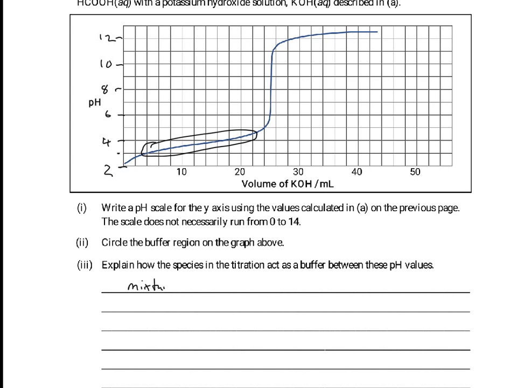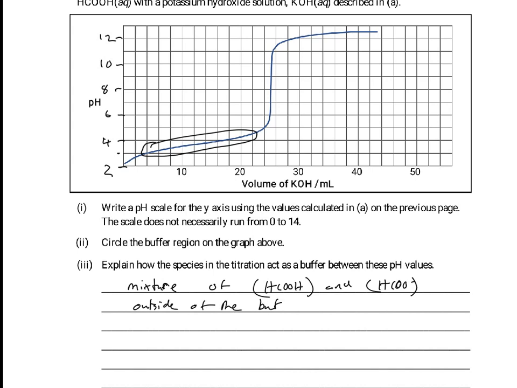And the reason why is because it contains a mixture of your acid and your conjugate base. Okay, that is why it's a buffer, because it contains a mixture containing lots of methanoic acid and lots of the methanoate ion.